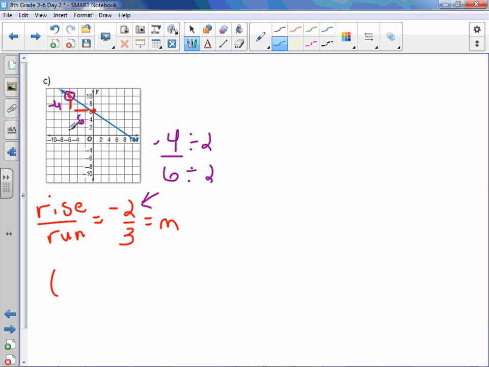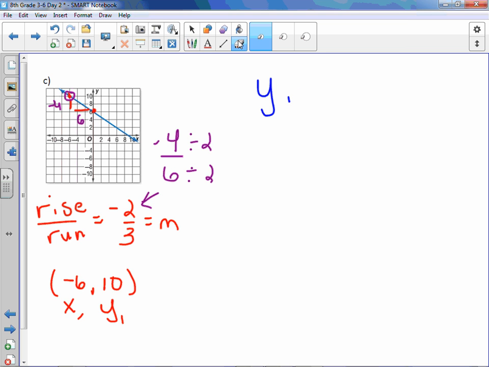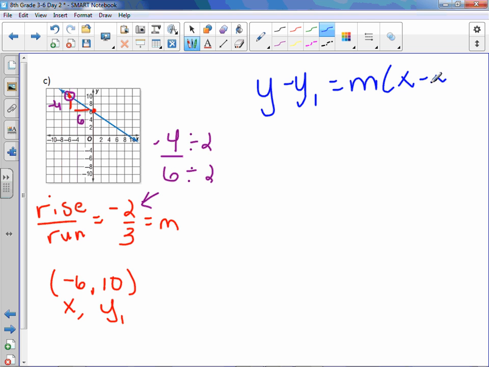Alright, so we're going to pick this point, which is negative 6, 10. This will be our x1, y1. Then we have our point slope form, y minus y1 equals m times x minus x1.